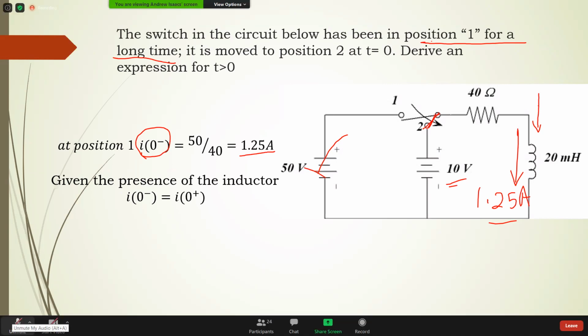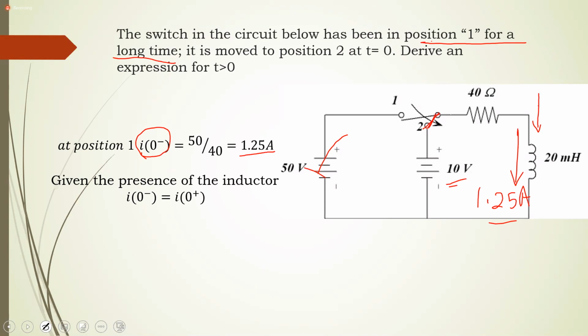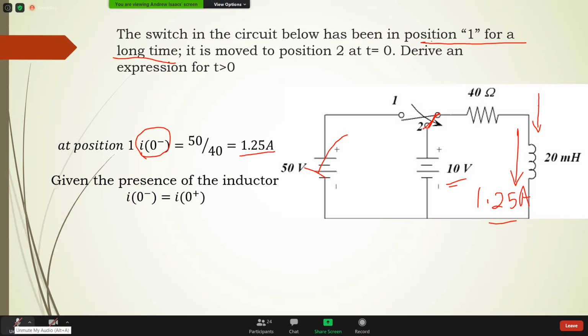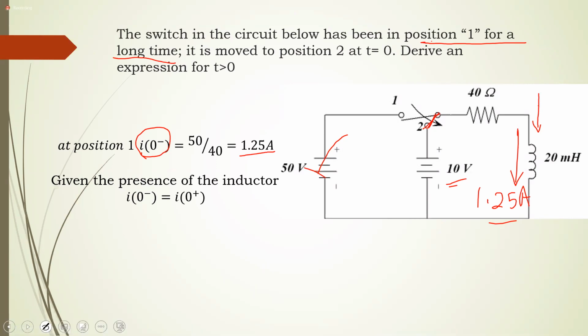A transient, sir. So I have created a transient. And after the transient has passed, what is going to happen? Steady state. And the steady state is what happens after a long while. Exactly. So I'm now saying, when I move it to position 2 after a long while, what can you say about the current through the circuit?